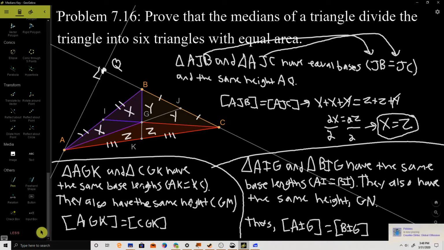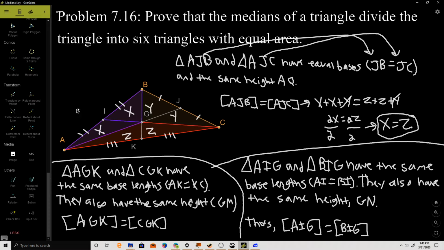Now, you might be wondering, well, how can I show that they're the same as Y? Now, I'm not going to do the whole thing because this video has gone on long enough, but you would just use a similar technique that I just used. So, get rid of some of this stuff.